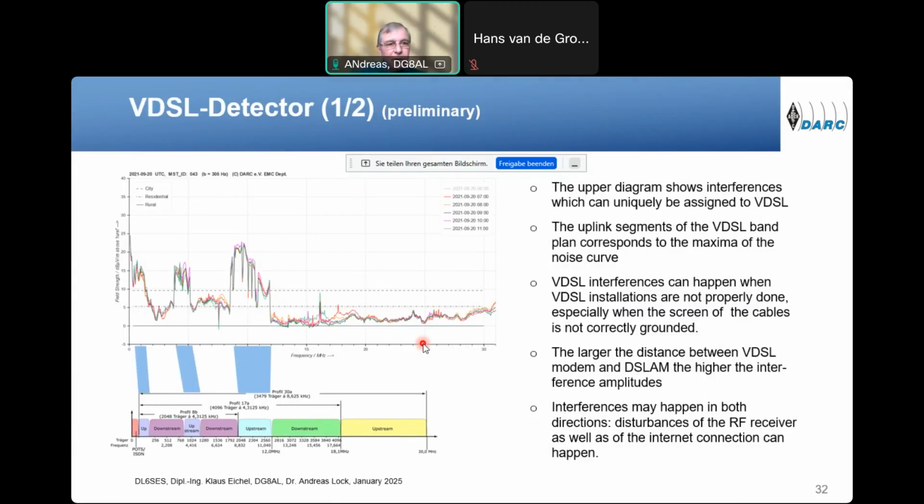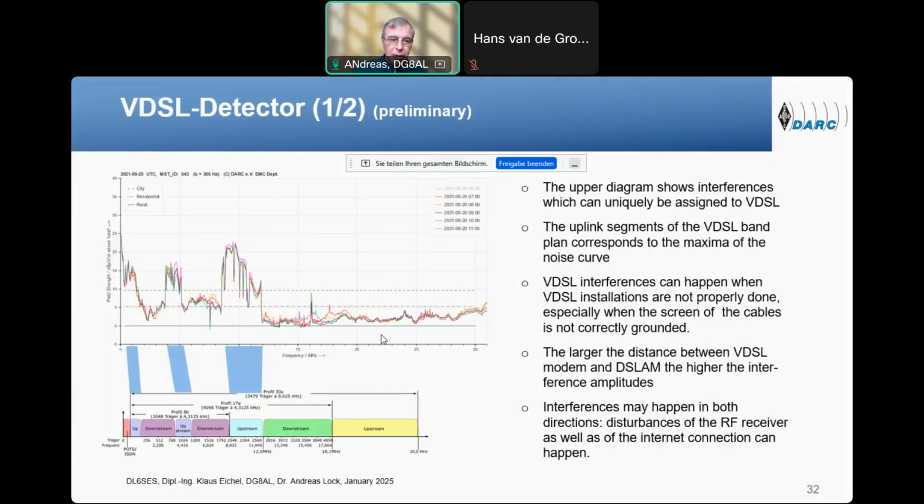Again, I have shown you the VDSL spectrum, which you can see in the upper left here. These signals between 3.8 and 5 megahertz and 8 and 12 megahertz clearly are linked to the upload sections in the VDSL spectrum.